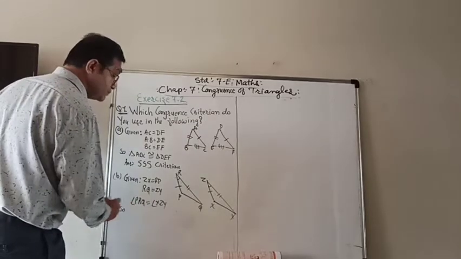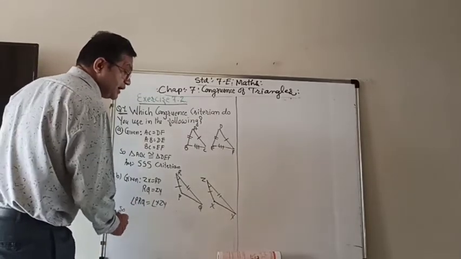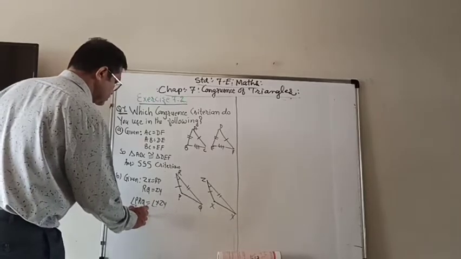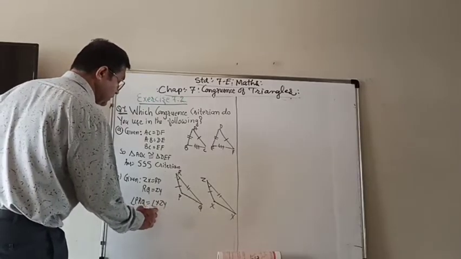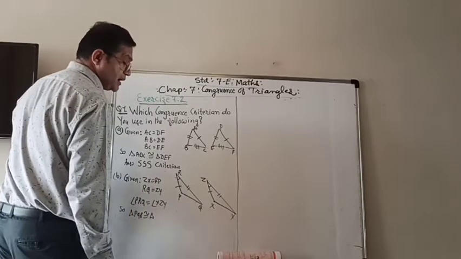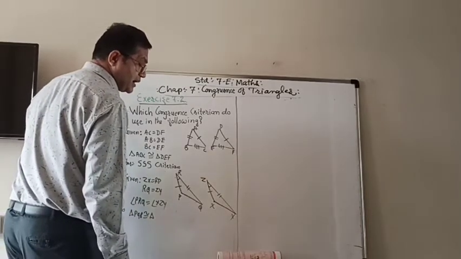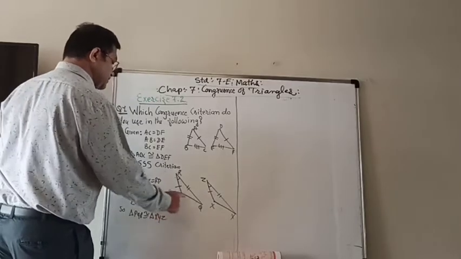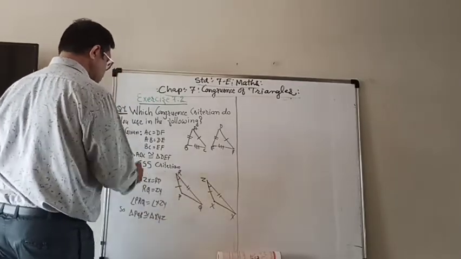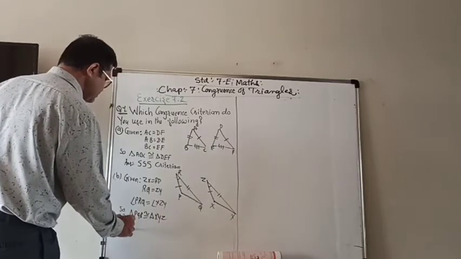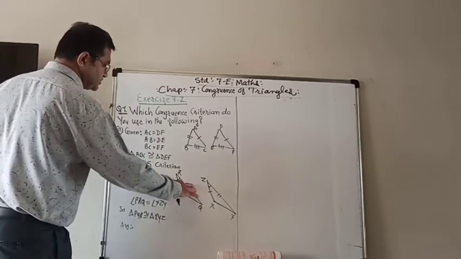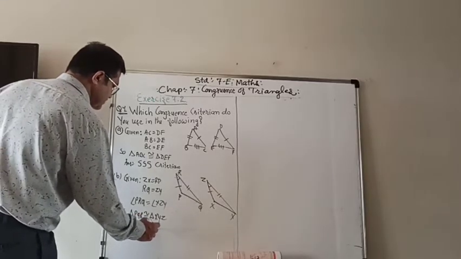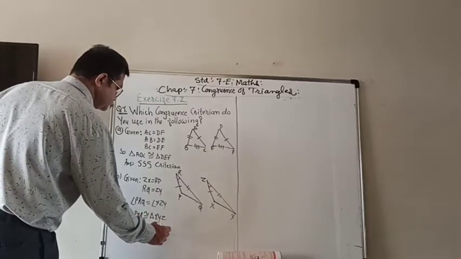So triangle PQR is congruent to triangle XYZ. So here the answer will be which criteria we saw? Two sides and included angle means SAS criteria.